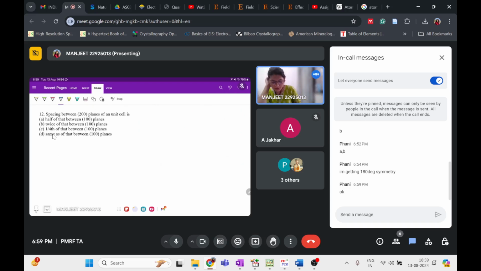So what will be the spacing for the 200 plane? It is not mentioned what kind of unit cell, so we are considering only the cubic one. So d_hkl is a divided by the square root of h squared plus k squared plus l squared.